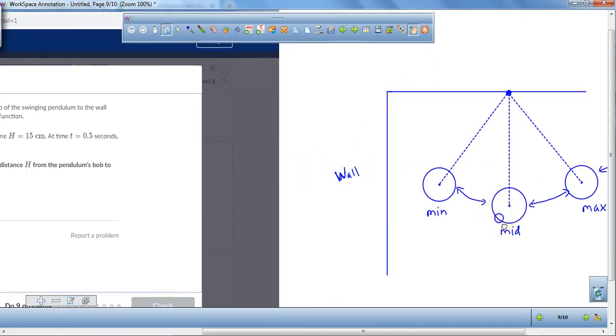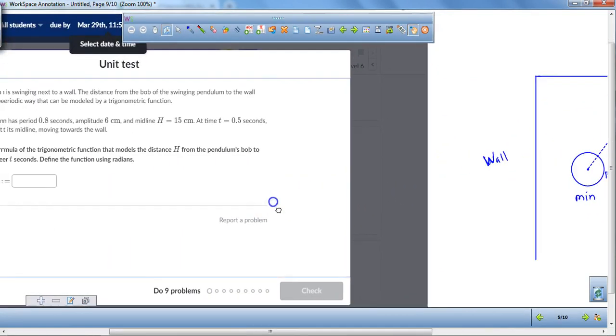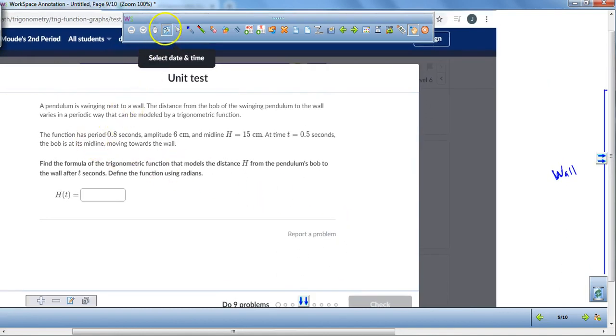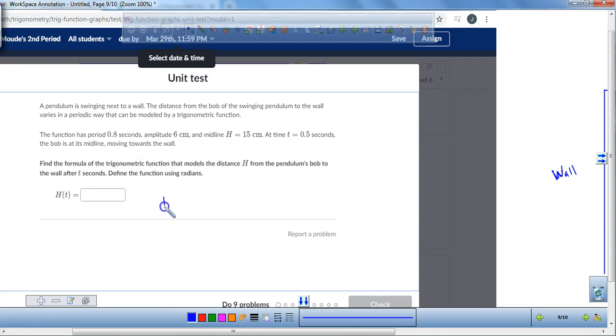So right now, I'm going to draw that out and label some things. It has different pieces of this function, and we're going to write down what those pieces are. It has a period equal to 0.8 seconds. Amplitude is equal to 6 centimeters.